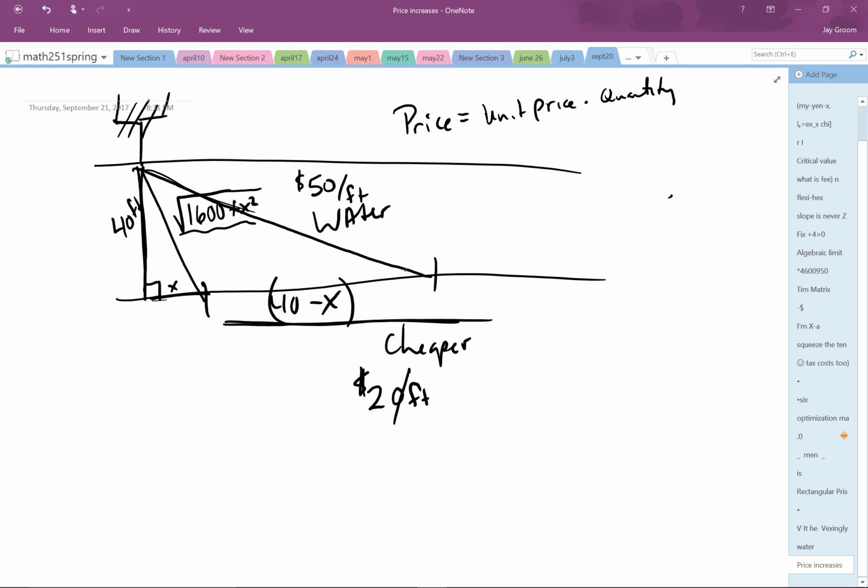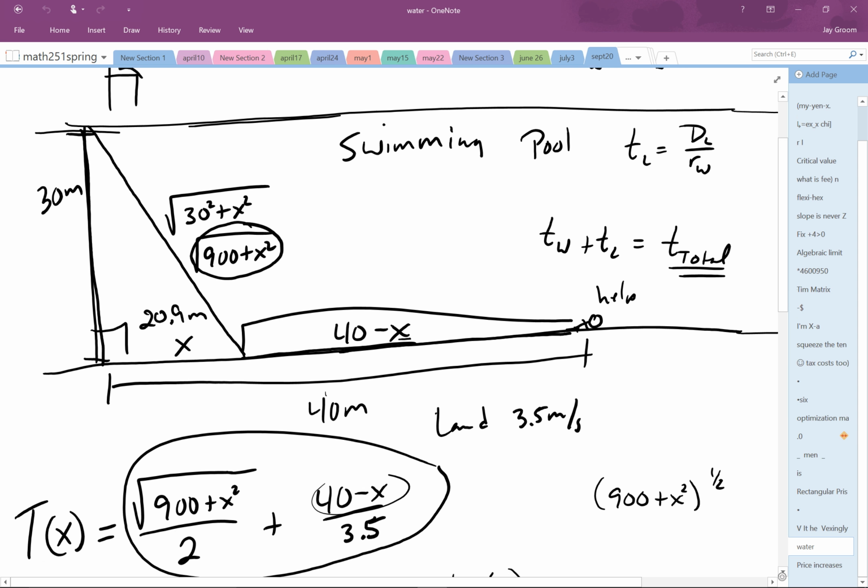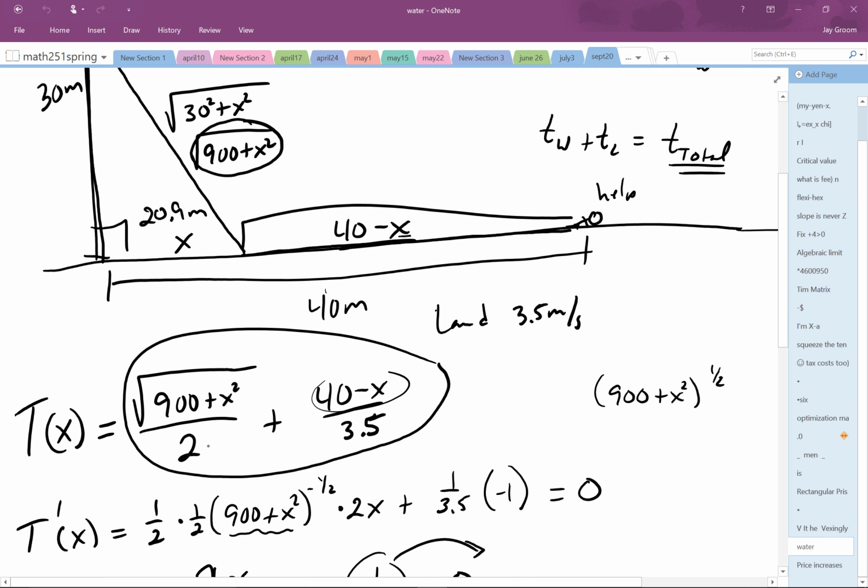Okay. Back over here, if this gal was more Michael Phelps-ish, and swam at something like, I don't know, instead of 2, more like 3 meters per second, then she would end up swimming further this direction because she's faster at it.